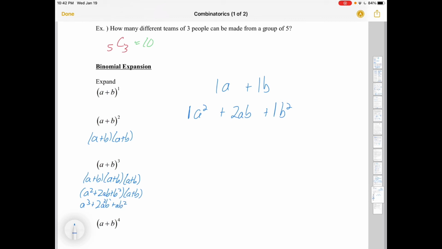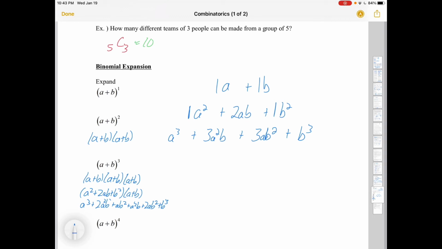And then we'll get a squared b. And we'll get 2ab squared. Just foiling this out, plus b cubed. And when I simplify that, here's what I'm going to get. I'm going to get a cubed plus 3a squared b plus 3ab squared plus b cubed.